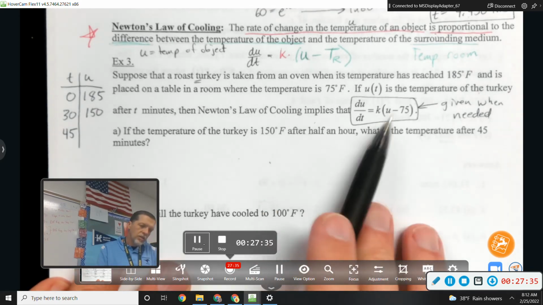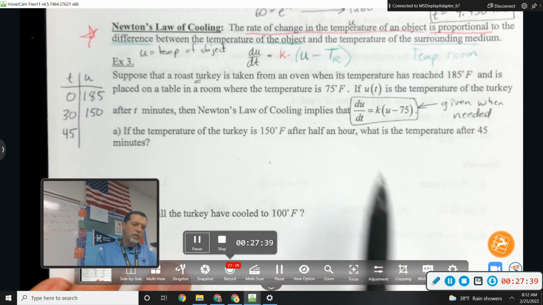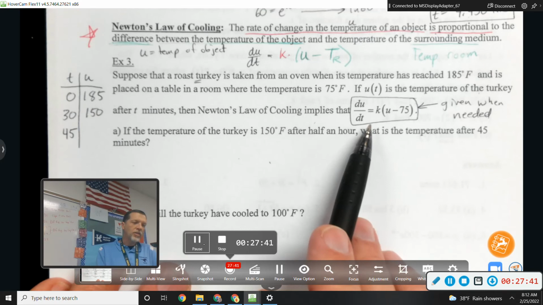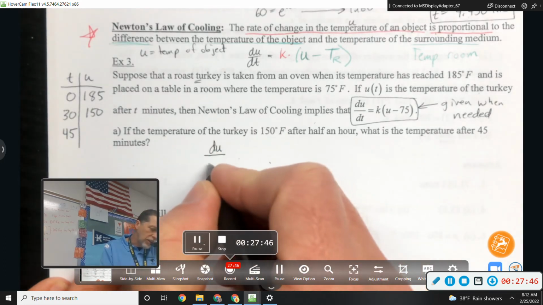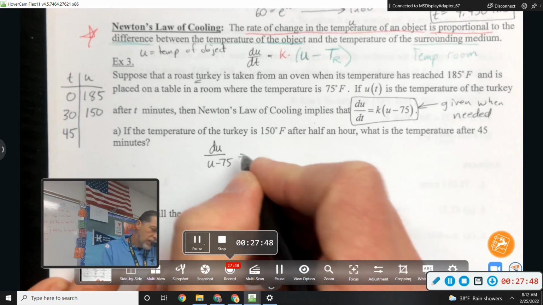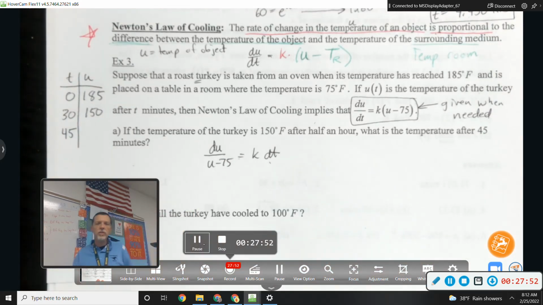Okay, so this is a different starting point than the previous two. So I can't just jump to that equation that I've jumped to before. I've got to slow down and actually calculus this problem. Separate the variables.